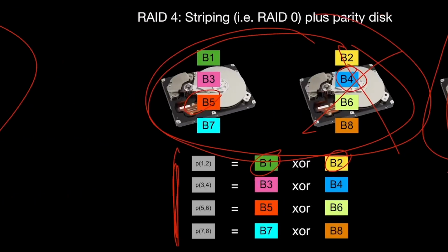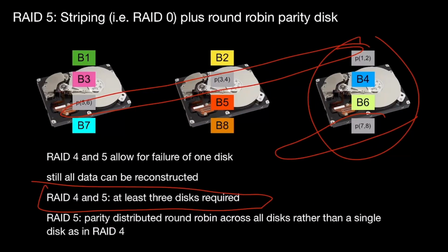But for RAID 5, if you do the same thing, there's just this one extra disk. So if you have 10 disks, 9 out of 10 are used for net storage, and disk number 10 is just the parity. So with regards to how much data you store, you're much better off in RAID 5.